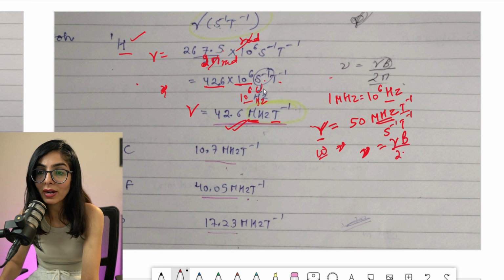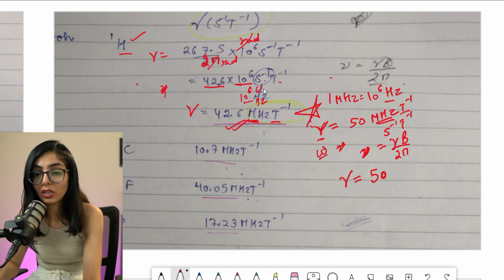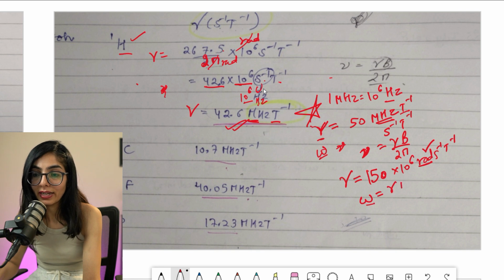But if this gyromagnetic ratio, it's very important guys, just listen. Suppose the units have been given in terms of 150 into 10 raised to power 6 radian per second per Tesla, like this. If the units are in terms of radian, always you will find this precessional frequency first, like this, gamma B, and that's how you'll find it.